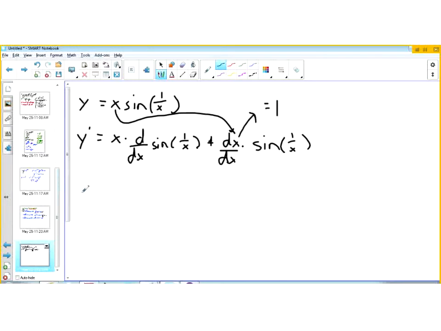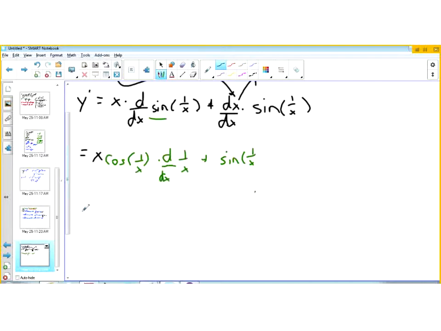Okay, so the derivative with respect to x of sine 1 over x would be the derivative of the outer function, which is cosine. So that would be cosine of 1 over x. Okay, and then by the chain rule, we have to take the derivative of the argument to the sine function, like so. And then we finish it off. Okay, and so now we just clean up the remaining derivatives. So this would equal to x times the cosine of 1 over x.